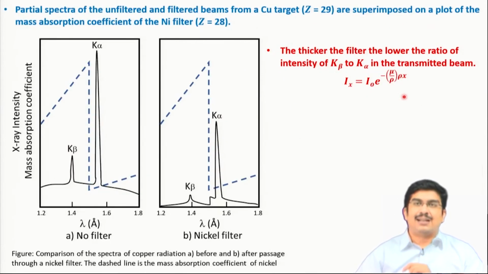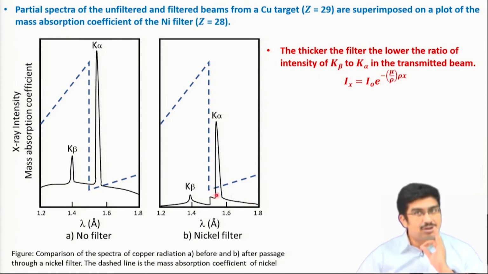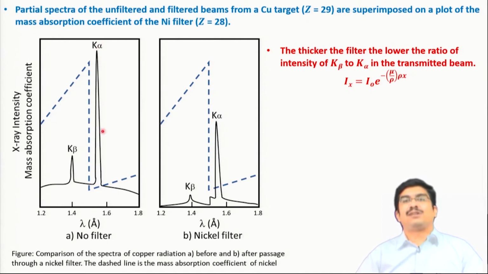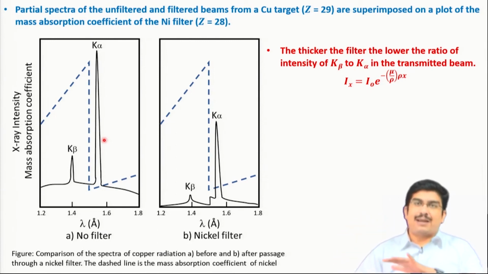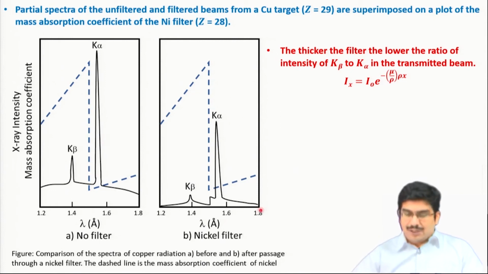Even if the absorption coefficient of nickel is pretty low for K alpha, it cannot be ignored. It is still significant enough to bring down the intensity of the K alpha radiation as well. So, the overall intensity of the X-ray beam will come down, both for K alpha and K beta. K beta will almost be cut off, but in the process the intensity of the K alpha radiation will also come down.